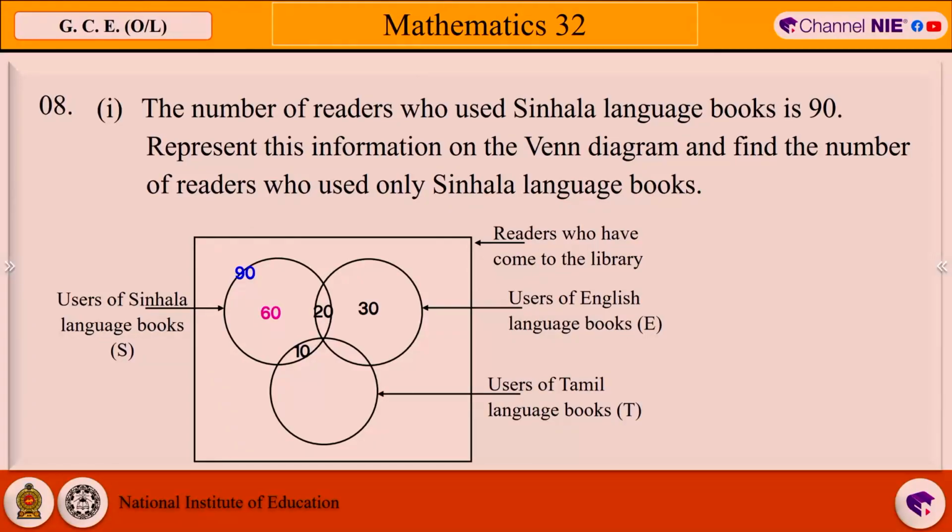So, you can easily find the answer as 60 by completing this circle. Sum of these 3 regions gives the value 90. So, if you know 90 and if you subtract the sum of 20 and 10 from 90, you will get the answer here. For that answer you can score 2 marks.